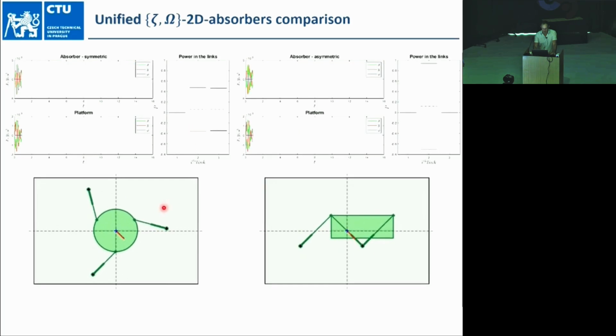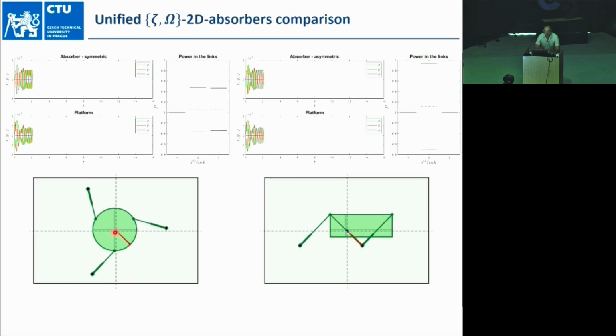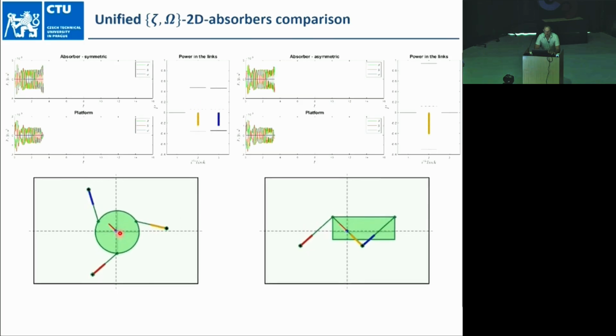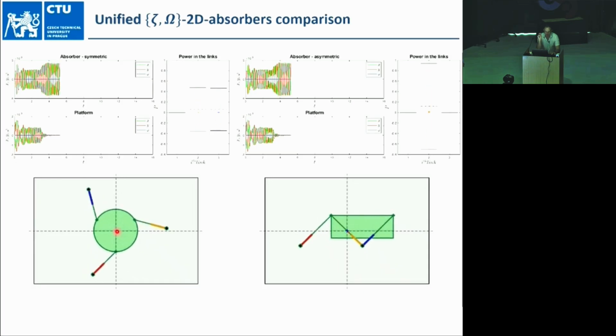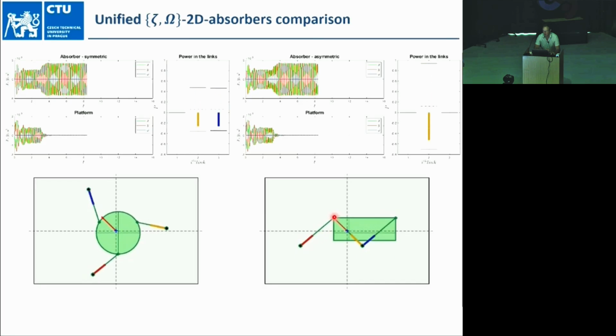So maybe the best is seen that the symmetric is better for exciting the platform in its center, in the angle which corresponds to the angle of this link, in the asymmetric one.